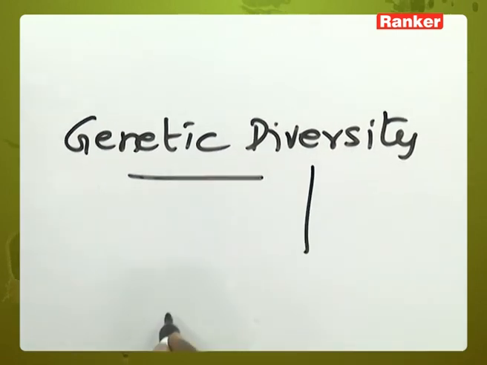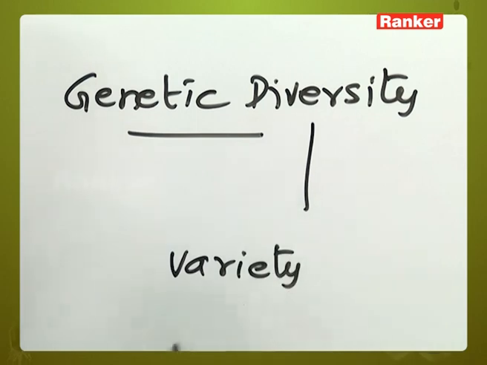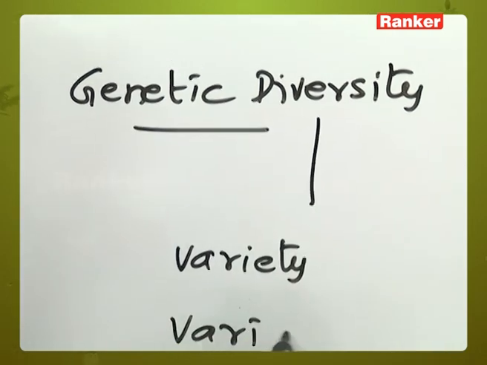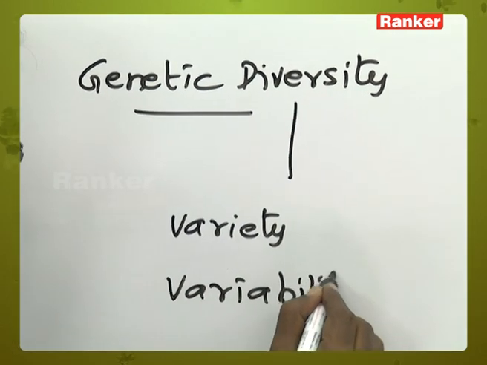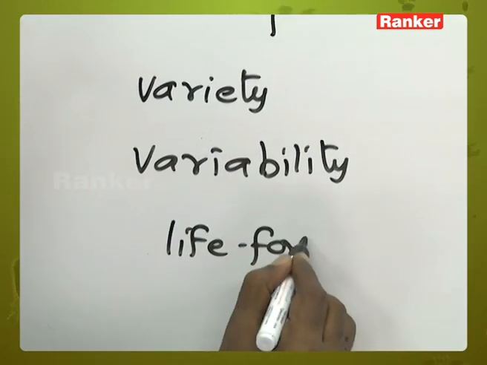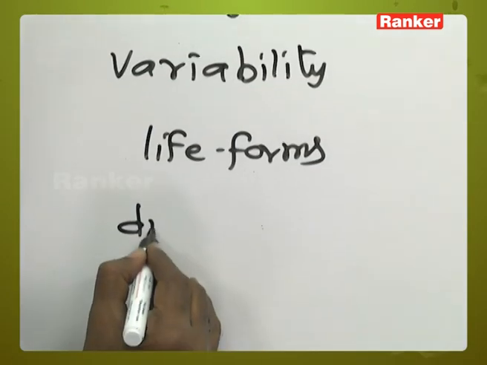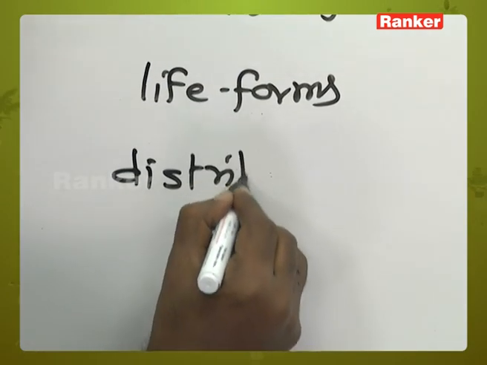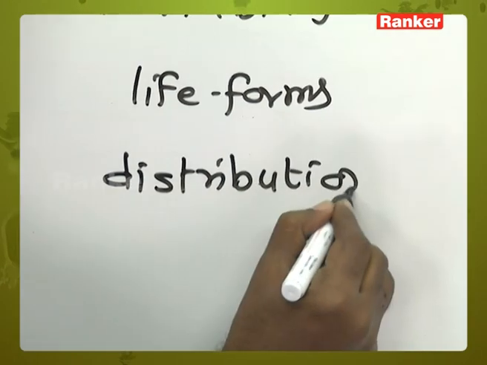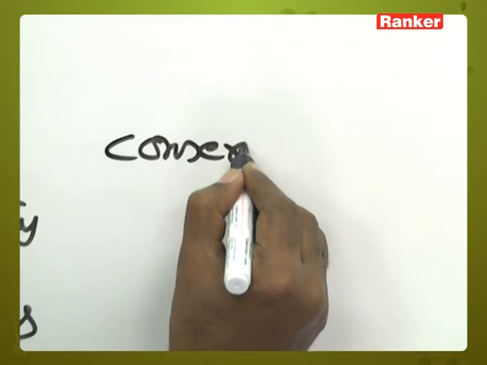Diversity refers to variety and variability of life forms, in the context of distribution and conservation of germplasm.